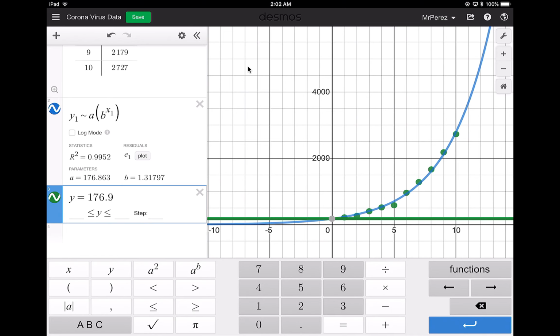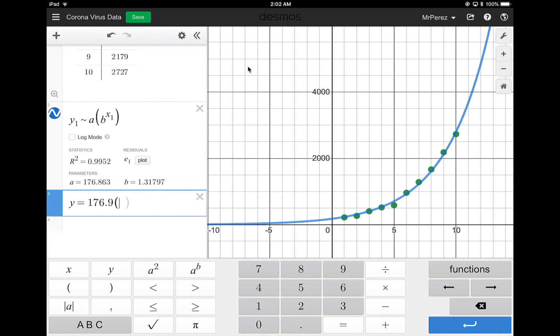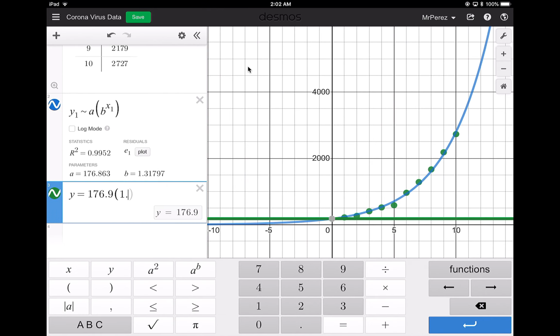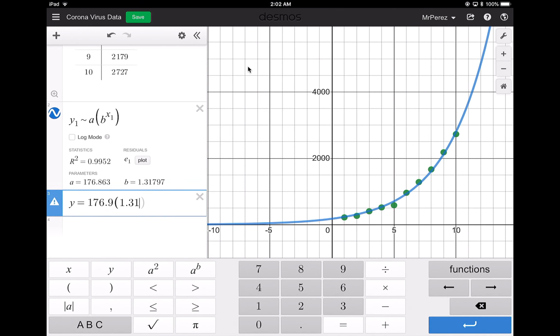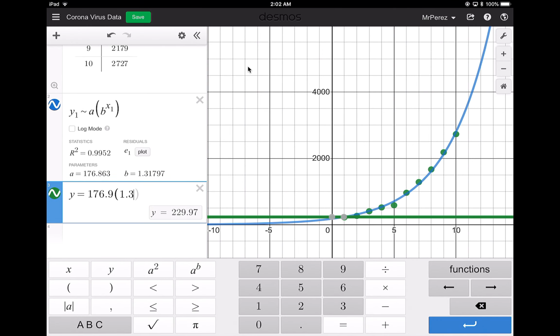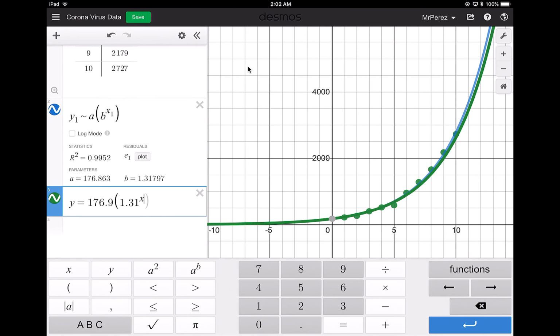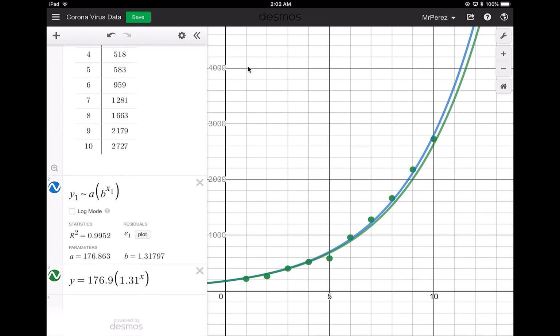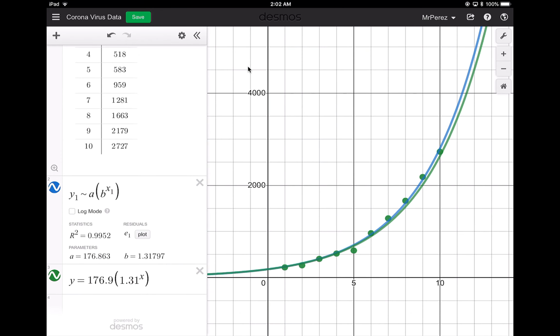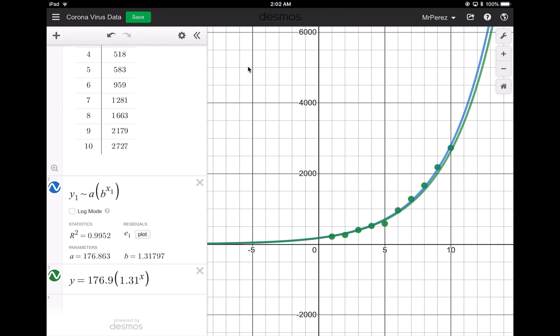Parentheses, b is 1.31, to the x power, close parentheses. Notice that it's not completely accurate because I rounded off my numbers, but it's very close anyway.